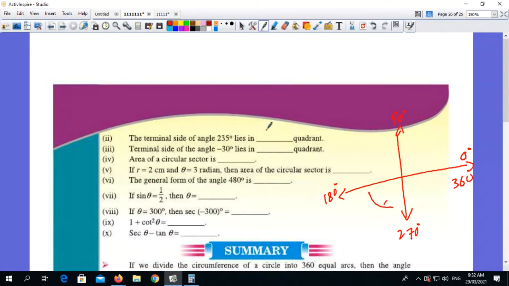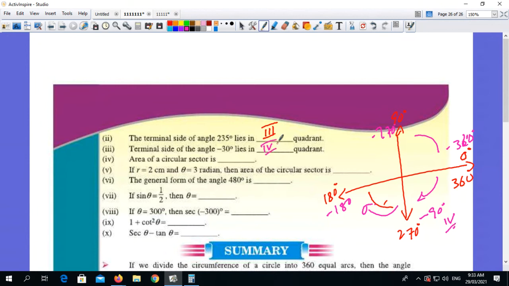It lies in the third quadrant, so the correct option is third quadrant. Terminal side of the angle minus 30 degrees lies in, and we know that this is 0 degrees, this is minus 90 degrees, this is minus 180 degrees. When we rotate clockwise, we have minus 270 degrees and then minus 360 degrees. According to this, minus 30 degrees must lie in the fourth quadrant. So the option is fourth quadrant.